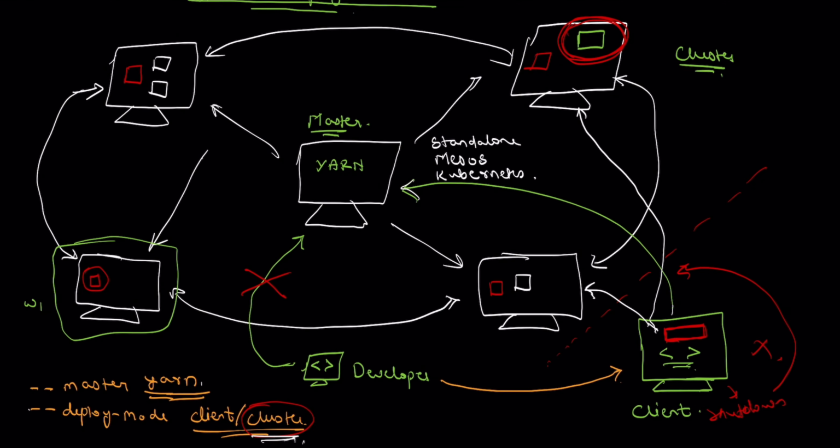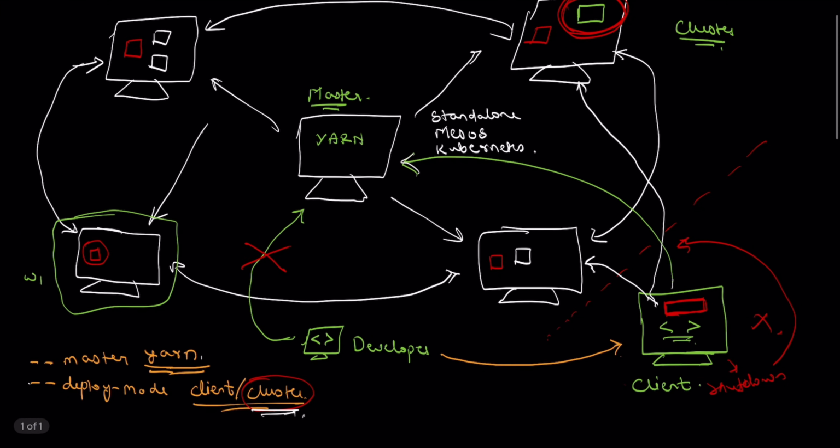The third point is that we can track the process. If we are using the client mode, we can track the process, as we have a screen and we can physically check which step we are on. But when we are using the deploy mode as cluster, we can't see physically what exactly is going on.